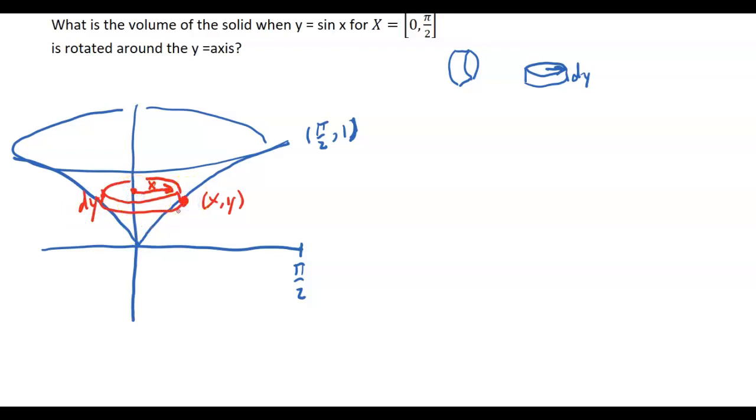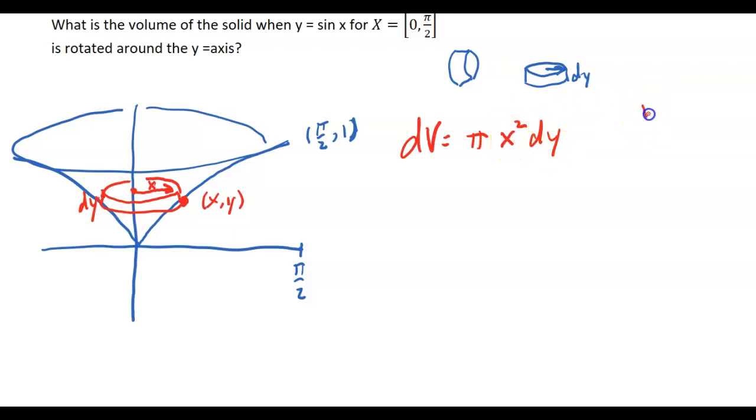So the volume of our disk is pi, and my radius is x, so r squared is x squared, and my height is dy. Now I have dy, which means I have to write this in terms of y, not x.